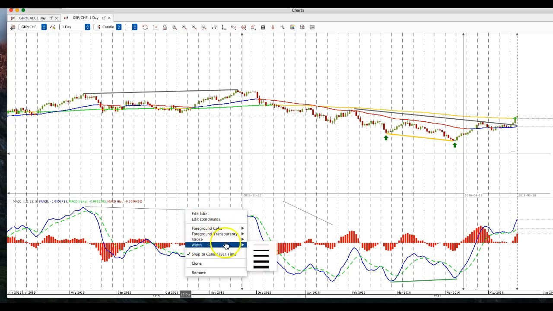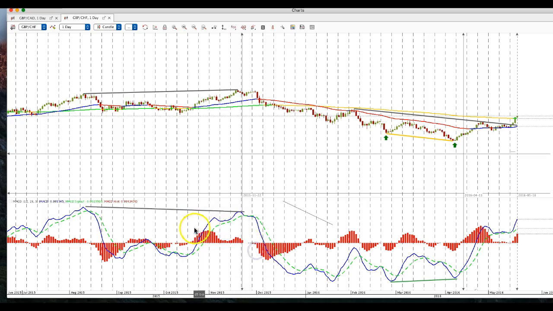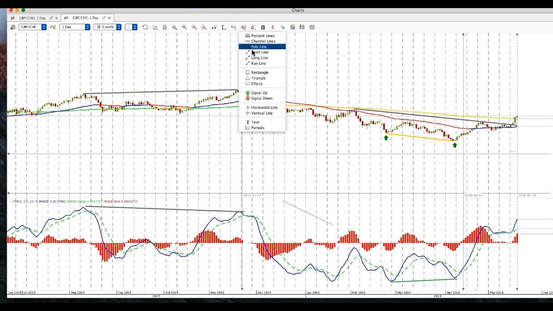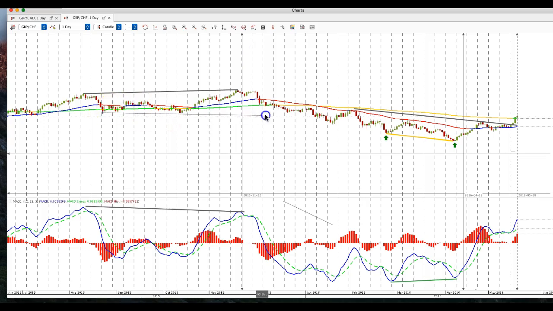Now, if you're not familiar with divergence setups, I would suggest taking my Pro Traders Workshop or just the price action video series, in which I go into detail and explain how to recognize divergence setups. Now, here's the divergence, and then all we need is a trend line break. There's the trend line, and the market sold off.